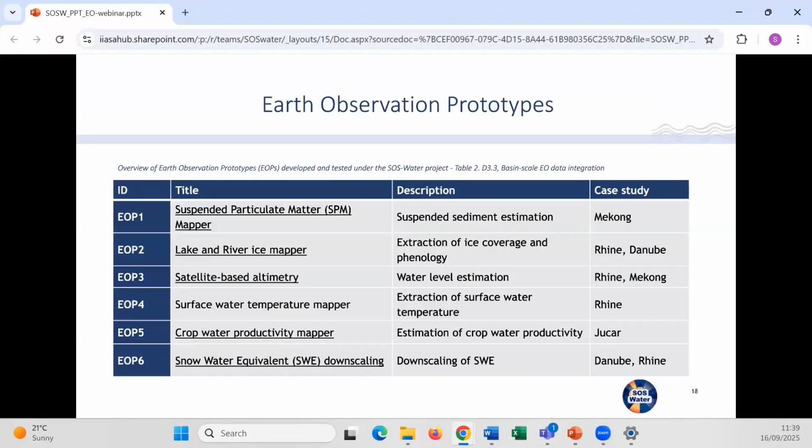And this graph table shows you the different Earth observation prototypes that are developed within the SOS-Water Project.